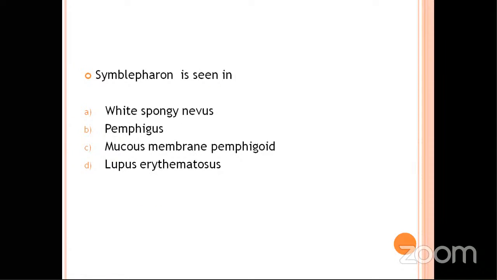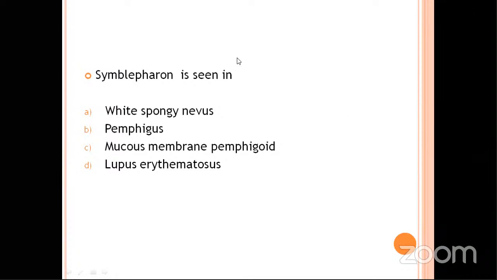Symblepharon is seen in white spongy nevus, pemphigus, mucous membrane pemphigoid, lupus erythematosus. So mucous membrane pemphigoid is seen in elderly patients, affecting the hemidesmosomes. Hemidesmosomes அப்படிங்கிறது என்னன்னா கீழே வந்து basal layer இருக்கும், basement membrane, basal layer-ல tall columnar cells இருக்கும், அதுக்கும் basement membrane-னுக்கும் ஒரு connection இருக்கும். That is by means of hemidesmosomes.